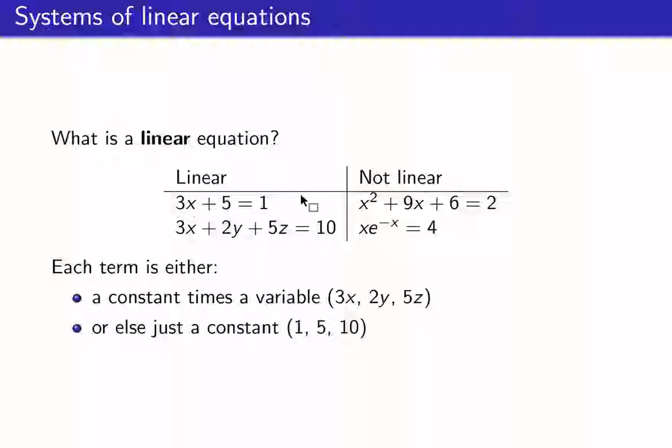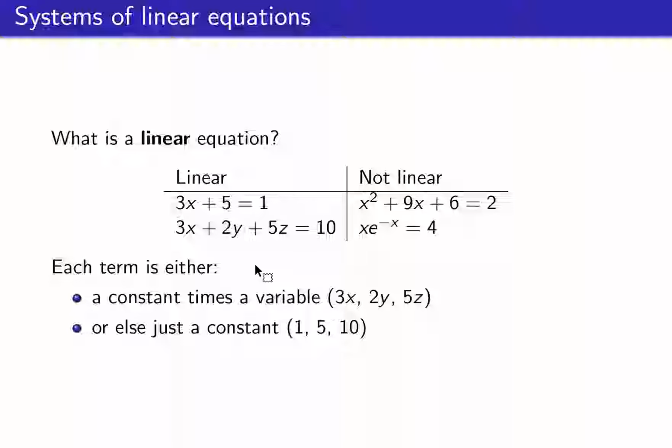The key thing is what's not linear. Like this x squared, that's not linear. The e to the x, or multiplying two things that are not constants, would make it nonlinear. Each term in a linear equation is either a constant times a variable, like 3x or 2y, or just a constant, like 5, 1, or 10, and you add or subtract them.